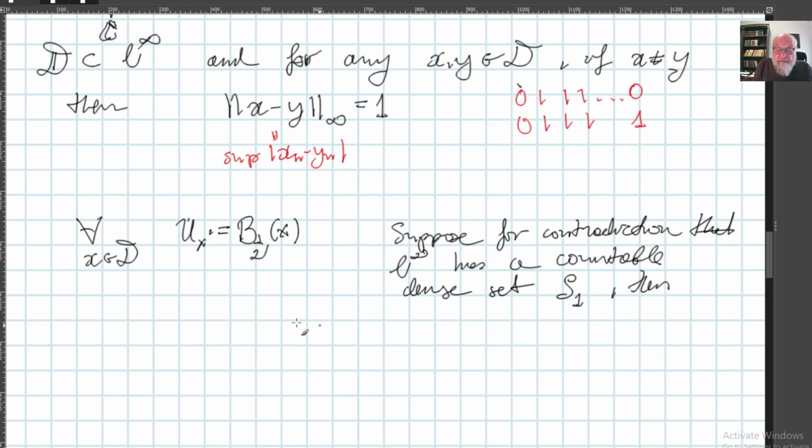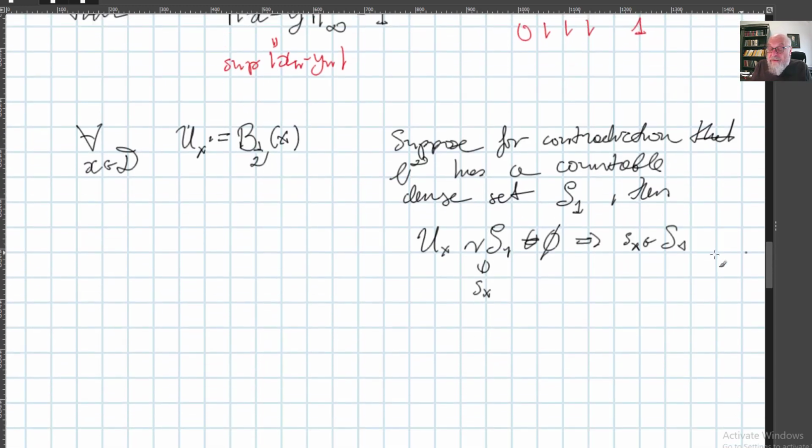Then, of course, this Ux intersects S1 and the intersection is non-empty. So there exists an element Sx belonging to S1, which is exactly an element from this intersection. But then, one moment, if you have x different than y, then since Ux intersection Uy is empty, you get that Sx is not equal to Sy.